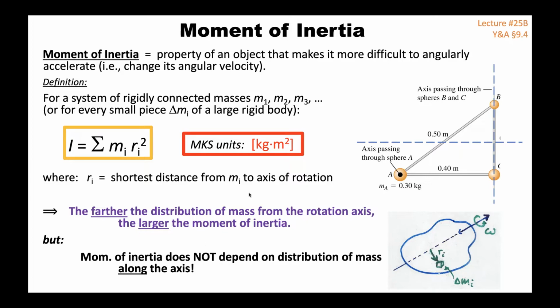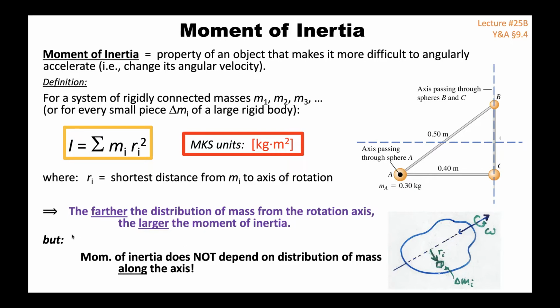So that's the thing to remember here in the purple writing right here. The farther that, on average, the pieces of mass are from the rotation axis for any particular spinning object, the larger the total moment of inertia for that system of masses, or for that extended object, if it's an extended object.